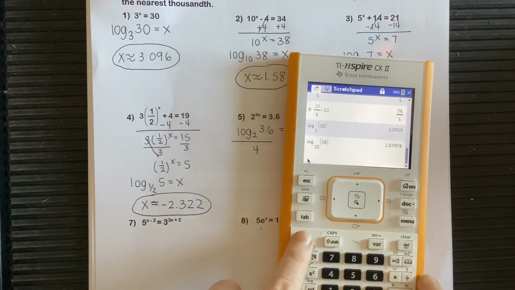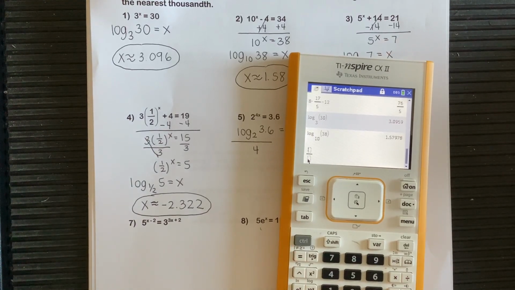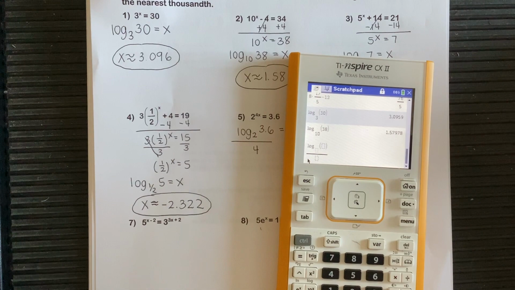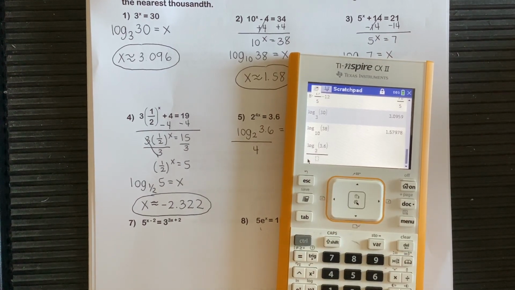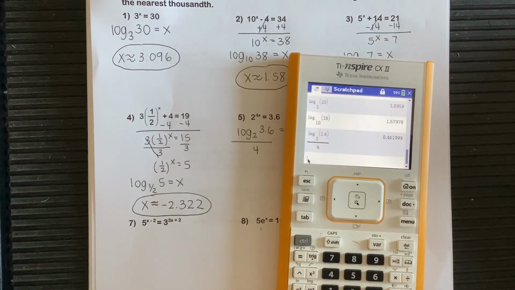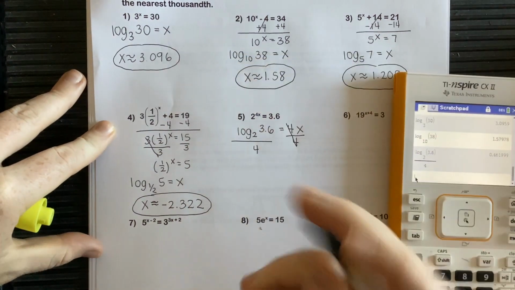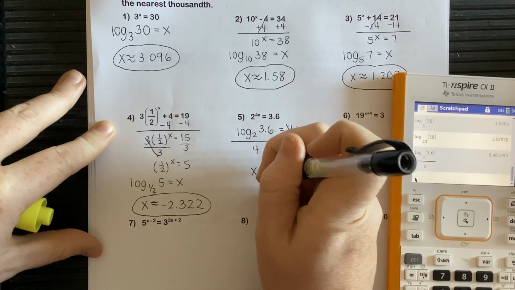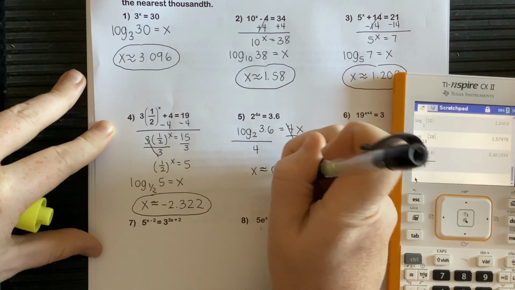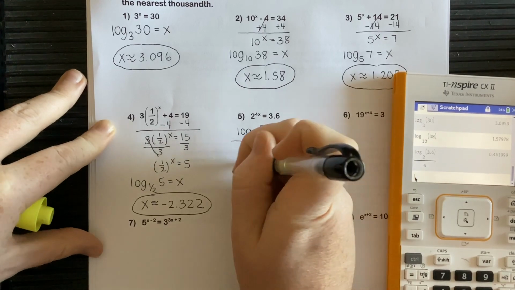I would do Control Divide, so I get my big fraction, and then Control log base 2 of 3.6, all divided by 4. Enter. You're going to get about 0.462. So x is about equal to 0.462.